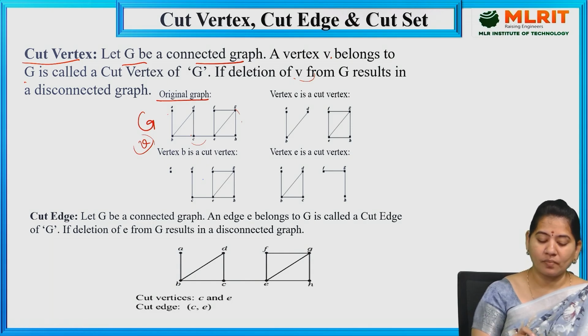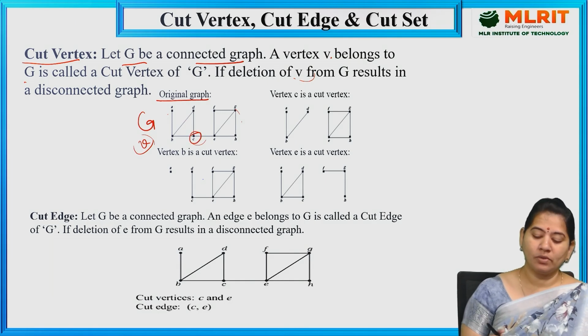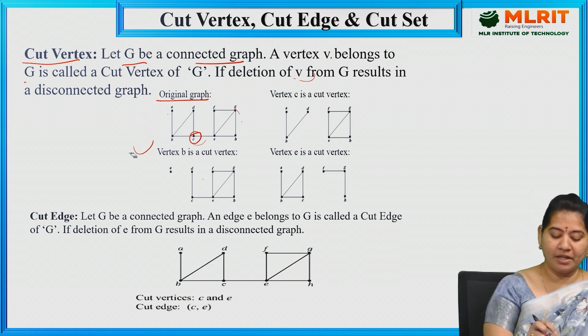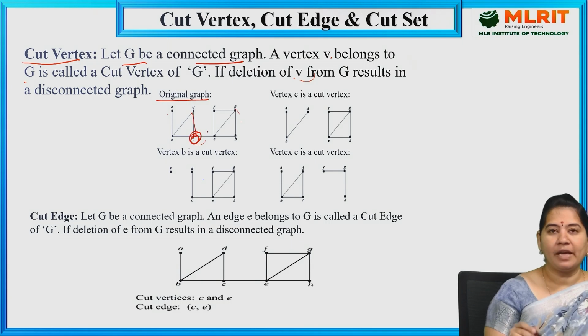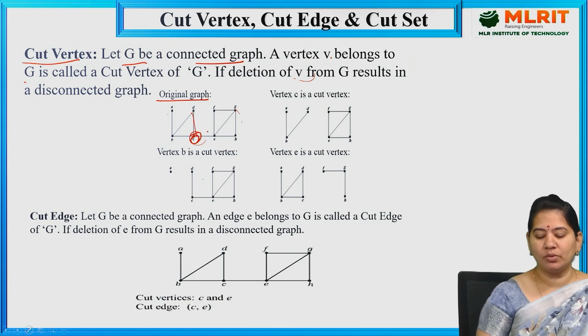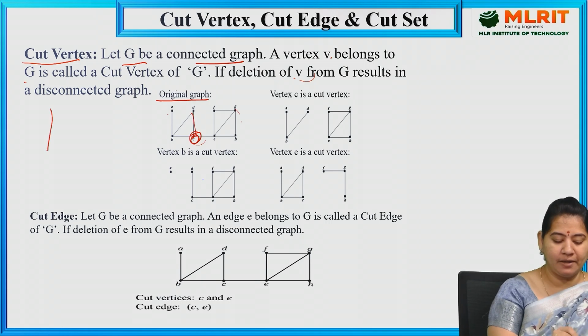So let us suppose this is the original graph and here I am removing C. If the vertex is removed, obviously the edges attached to that vertex are also removed. Then we have A to B, B to D, and that's it.